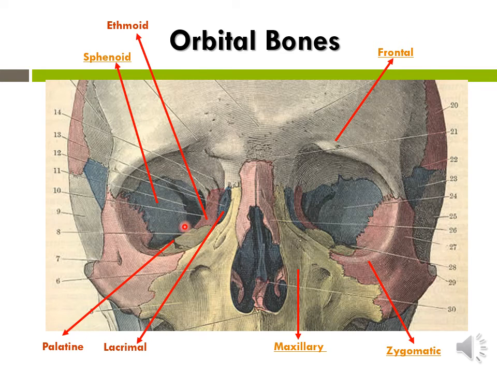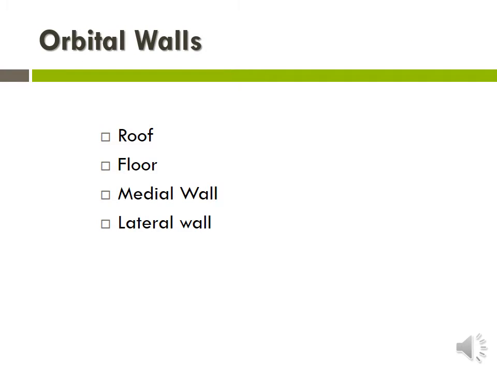In other words, 7 bones are connected to each other to create that bony space, or cavity. Right, so we'll discuss the orbital walls a little more in detail, because now we have learned the names of those 7 bones that create the whole of the orbit.